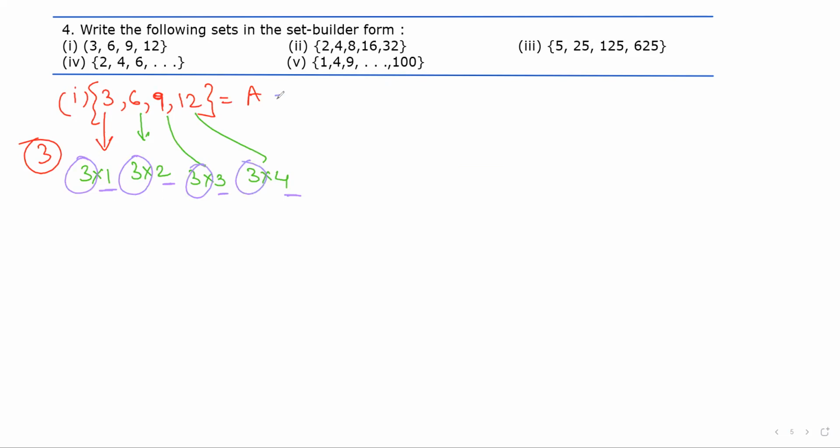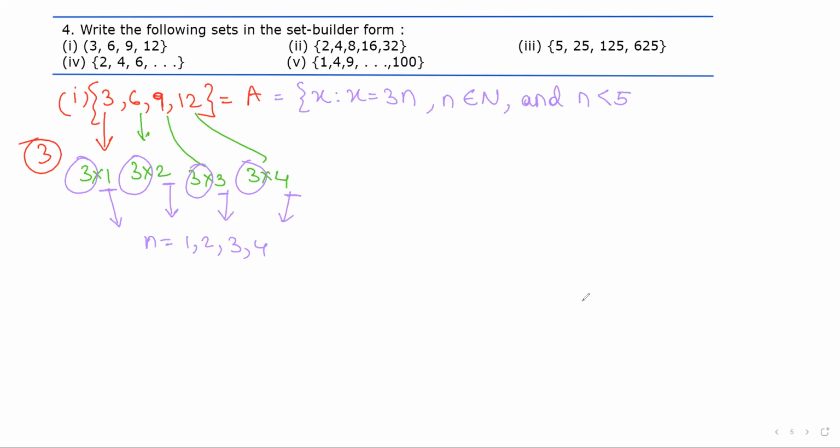So I can write this as a set of all x such that x is equal to 3n. These are n values. N is equal to 1, 2, 3, 4. Where n is a natural number, and it is not an infinite natural number, it is less than 5.